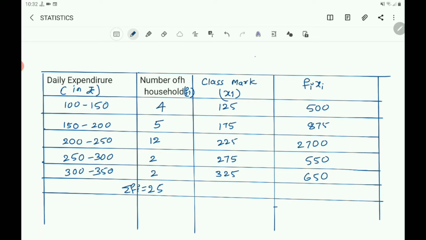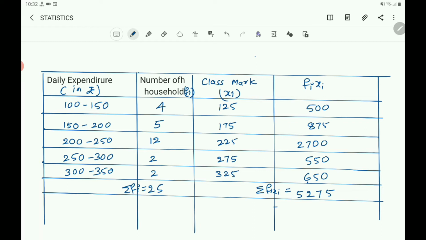Then you write summation of Fi Xi. Find the sum here. Then you take 7 plus 5, 12, 12 plus 5, 17, 1 carry, 7 plus 5, 12, 12 plus 7, 19, 19 plus 8, 27, 27 plus 5, 32, and 3 plus 2 is 5.